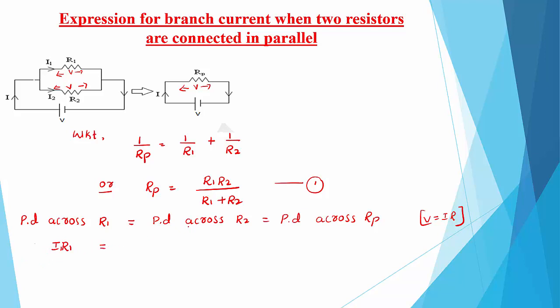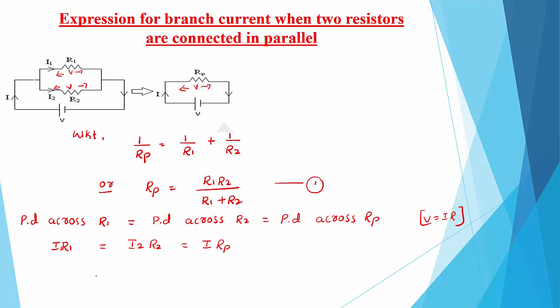At resistor R2, because the potential is the same, we can write V equal to I2 R2. At the equivalent resistor we can write V equal to I Rp. Is it clear? This is the potential difference across each resistor R1, R2 and Rp.